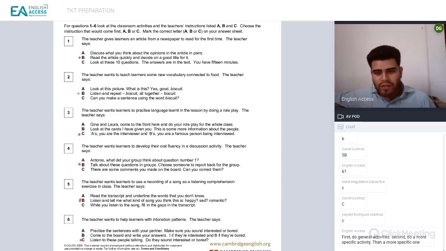Those are general things, and then you begin to do more specific ones, where they ask basic comprehension questions, and then you do more specific. Okay, what does this word mean in this paragraph?